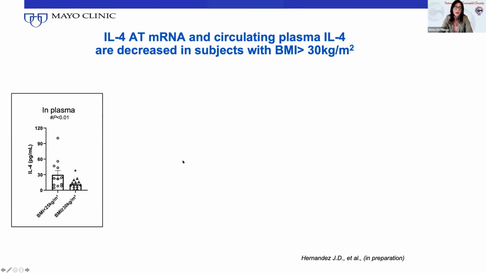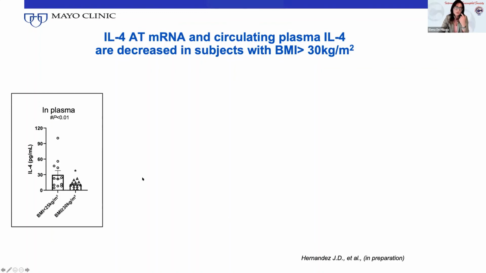So we went back to our cohort and asked the question, what is the interleukin-4 in the plasma of our subjects with obesity? And we found that there was a significant decrease in circulating level of interleukin-4.